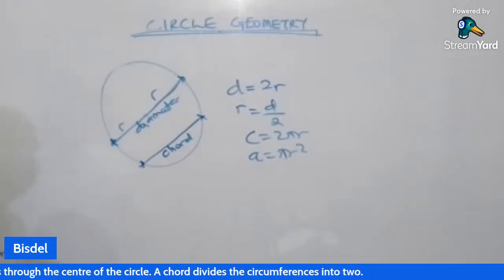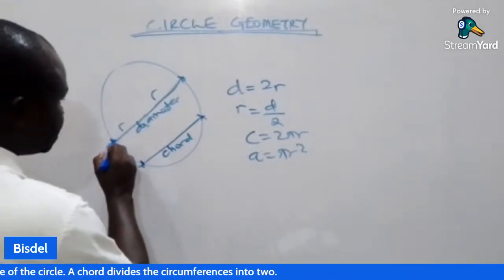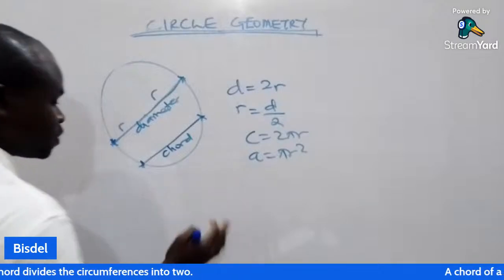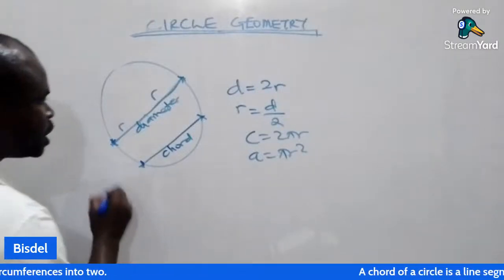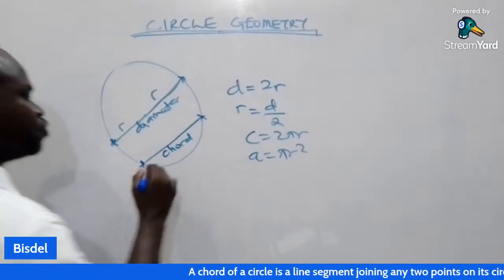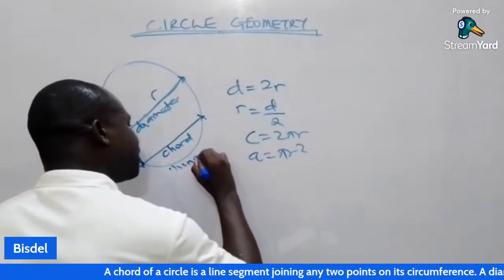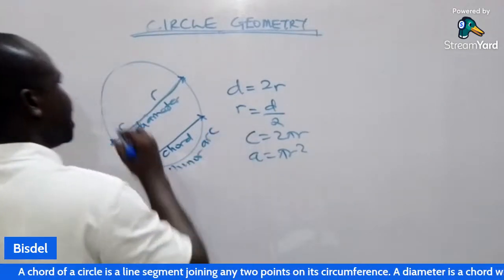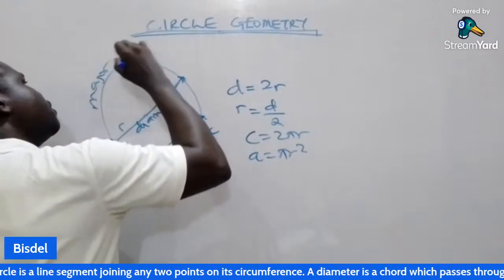Another property: the diameter divides the circle into 2 equal halves, two semicircles. But a chord divides the circumference of a circle into a minor arc and a major arc.